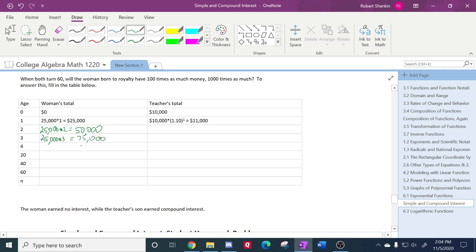We can make this go a little bit faster, putting K for 1,000, so 100K. And then 25,000 times 20 turns out to be 500,000.